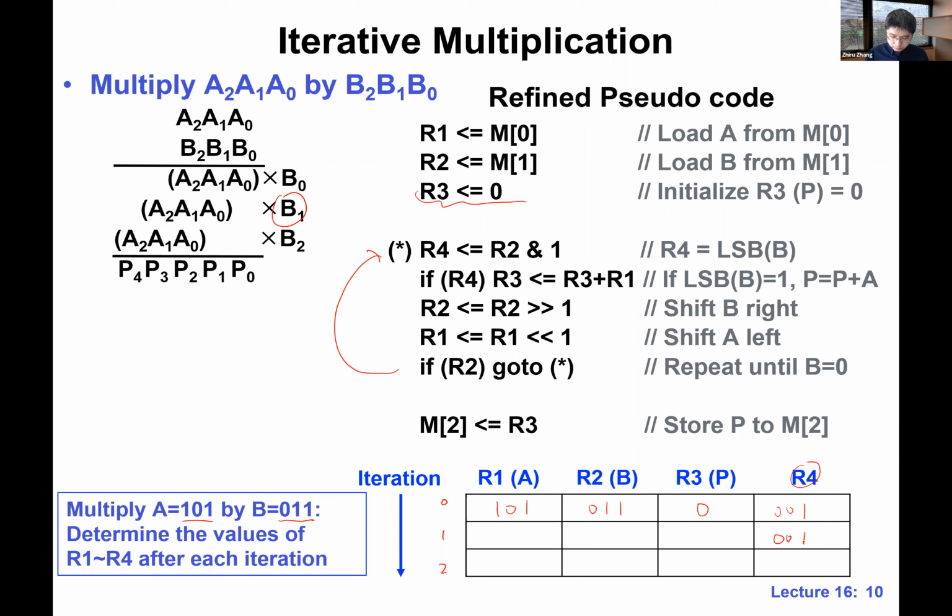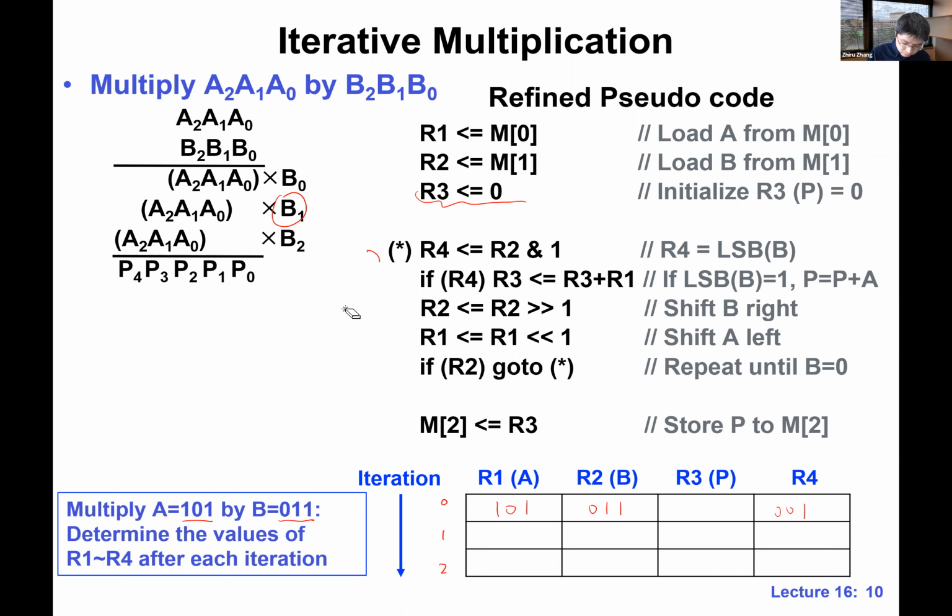R3, what is R3? R3 is P next time. Let me be clear. Since I actually only have 3 rows, let's try to cut corners here.